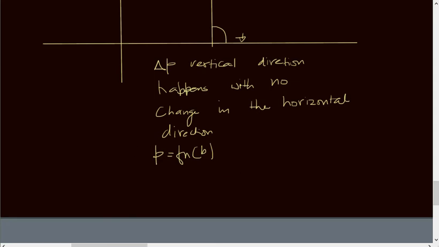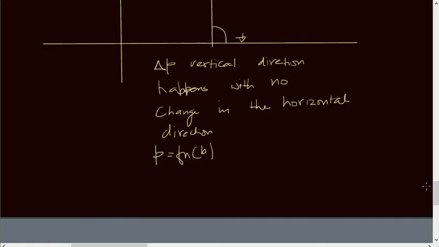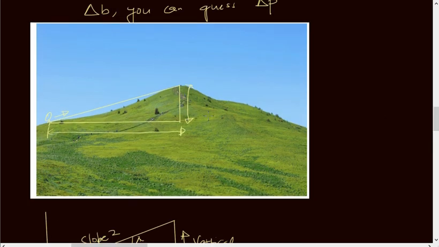So let's go back to our mind map. I had talked about that calculus has got 3 key concepts. Concept of function. So here, what we have been trying to understand, that when we move in the horizontal direction, how the vertical direction changes.